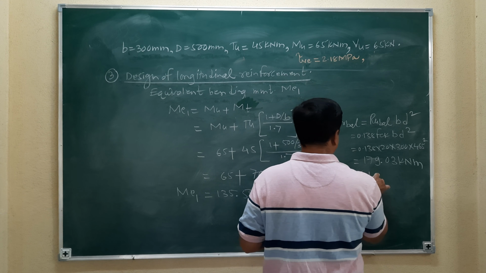So obviously the section is acting as an under-reinforced section. If the section is under-reinforced, directly use the under root formula for finding the tension steel.